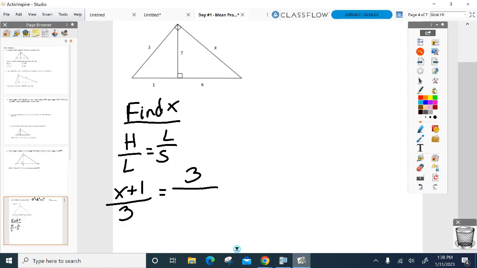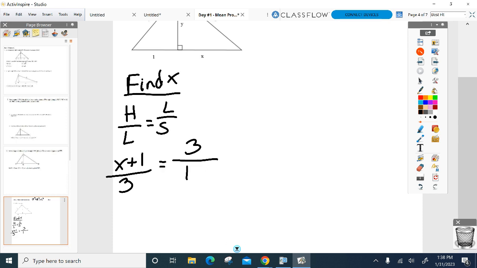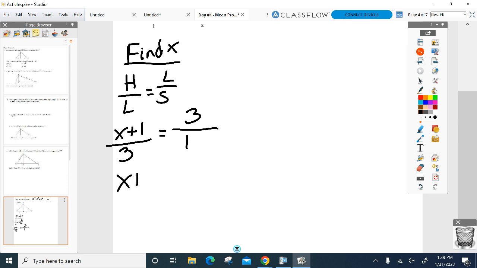If I'm using this leg, which segment do I want? 1, the one adjacent to 3. All right, I can solve for x now. X plus 1 equals 9. And there you go. X equals 8.